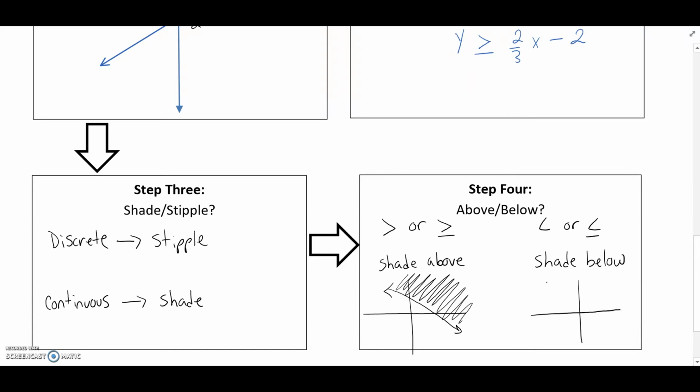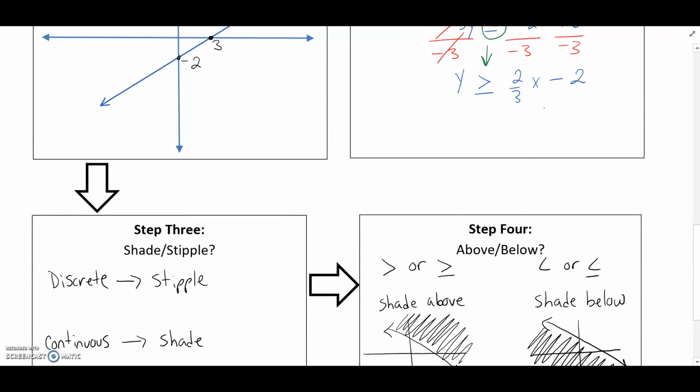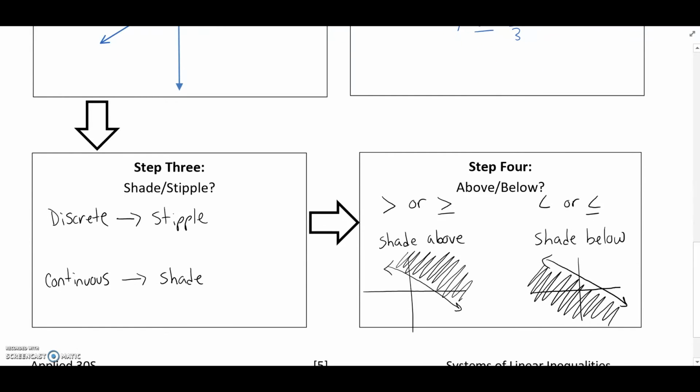Shade below, if we had that same line, you'd be shading below. You can always test a point, right? Test a point in there, like if I check the origin and plug it into my inequality, it should either be valid or invalid depending on if you shaded in the right spot. We can look at that in this example up here.